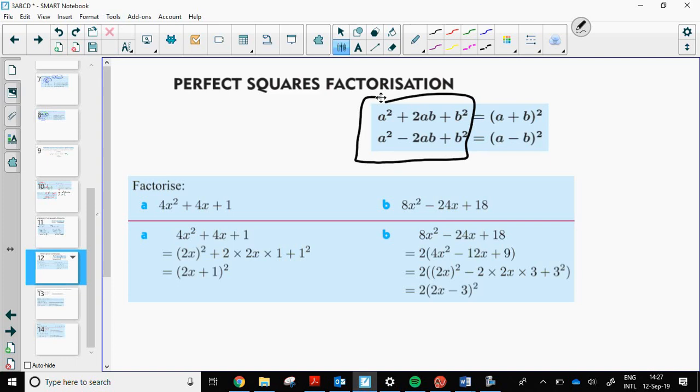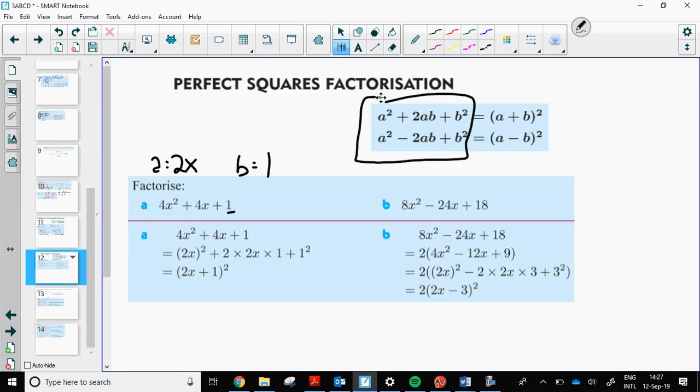We've got 4x squared plus 4x plus 1. Okay. Is 1 a perfect square? That one's easy. Yes. 1 is 1 squared. So we can set b equal to 1. Is 4x squared something squared? Yes. That's 2x all squared. So we can set a equal to 2x.